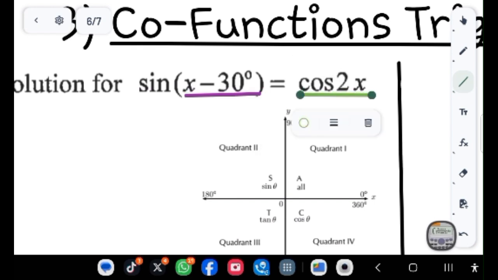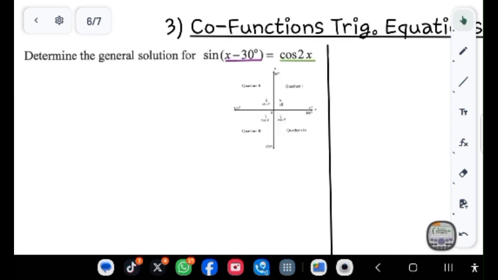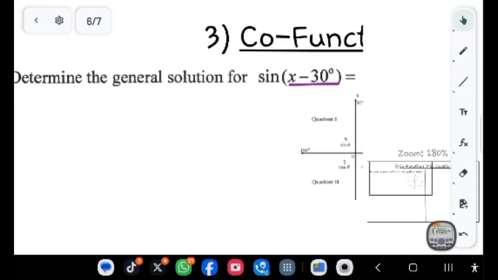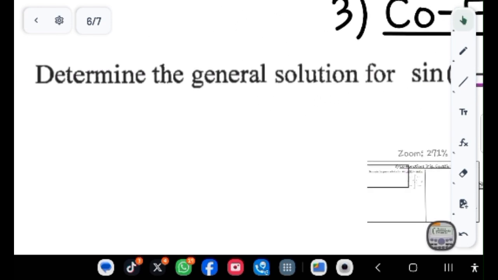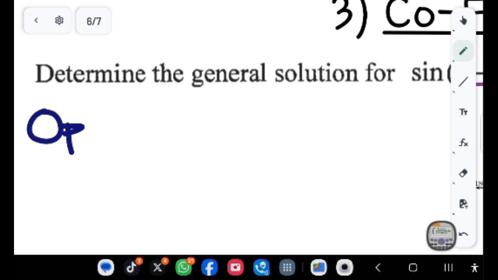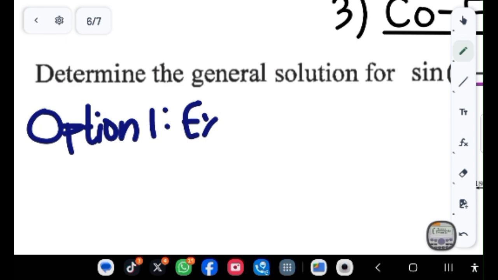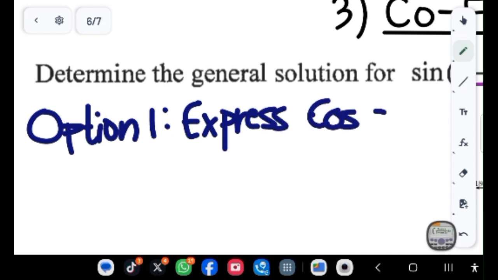So you have a situation where you will need to use your co-functions to either express cos in terms of sine or sine in terms of cos. We're going to start with option one, when we express cos as a co-function of sine.